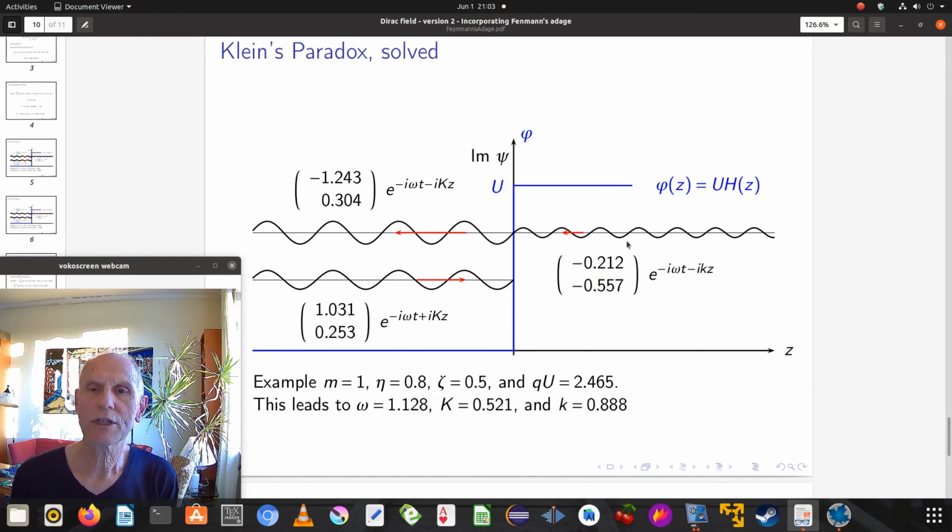And the boundary condition ensures charge conservation across the boundary. And energy conservation is quite clear as well. I won't go into details of that. You can work it out yourself. It's pretty much like what I did with the Klein-Gordon field.